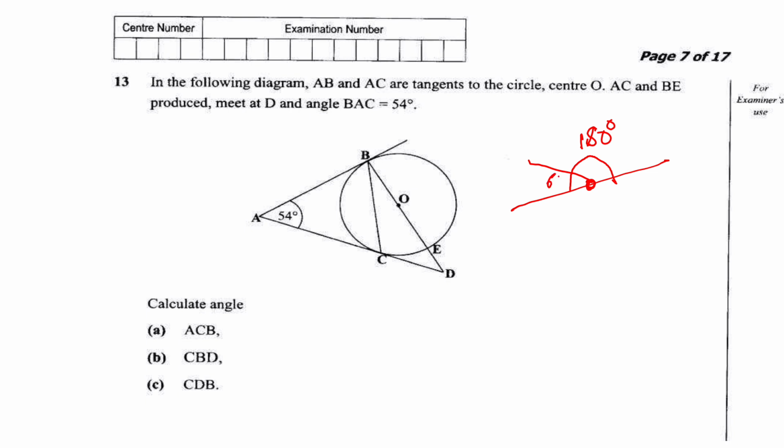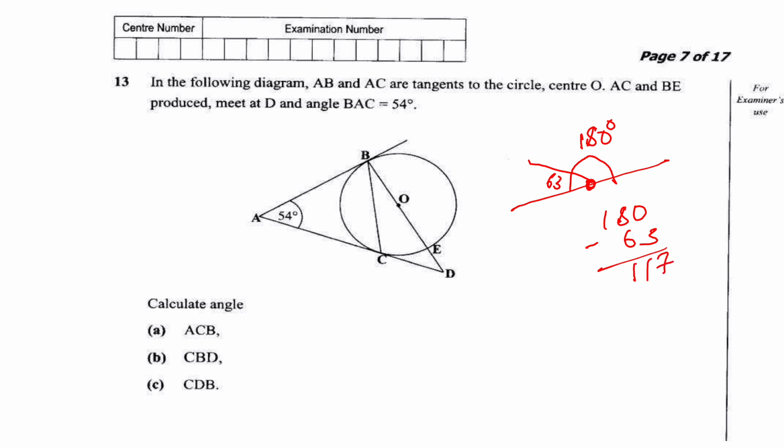Let's say, for example, you are given 63 here. Then you are finding this part, okay? So you just say 180 minus 63. Just giving you an overview, 180 minus 63, we are getting, for example, 117.